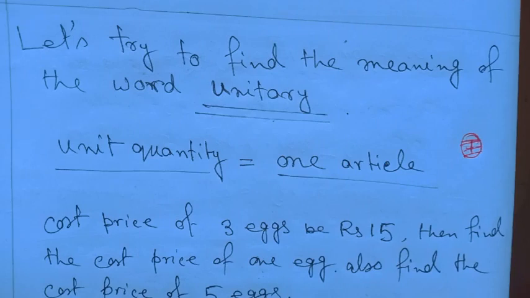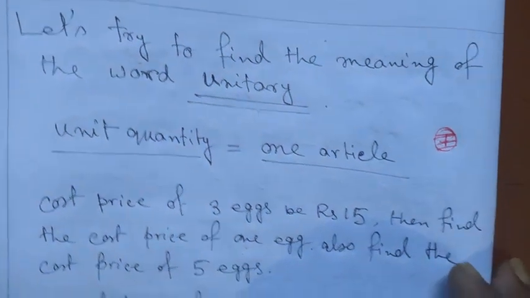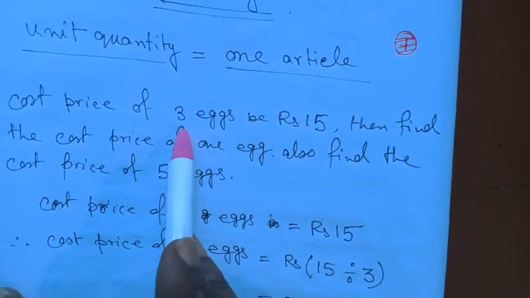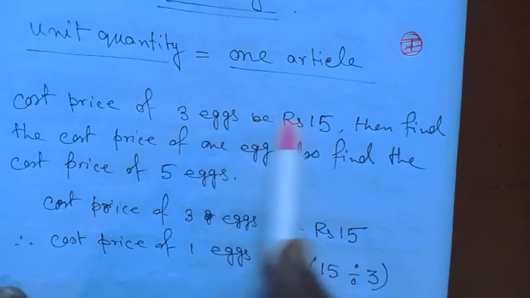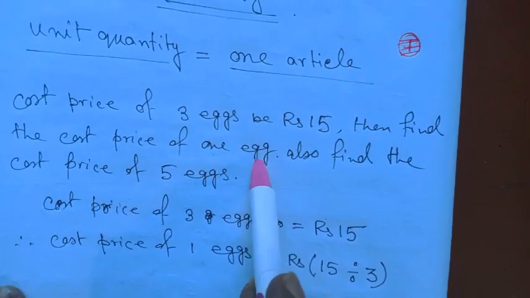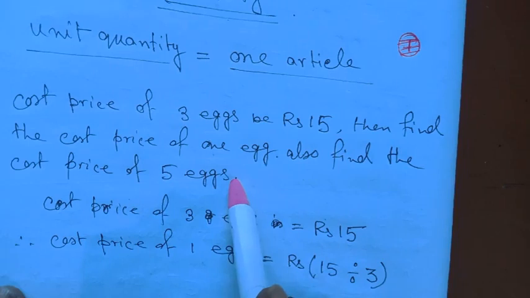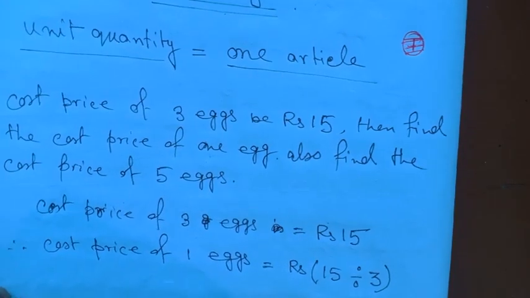So what will be the cost price of 5 eggs? So here we write the problem. Cost price of 3 eggs is rupees 15. Then find the cost price of 1 egg first, and also find the cost price of 5 eggs.